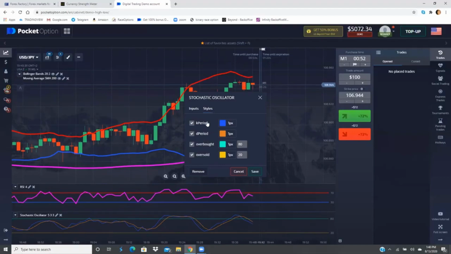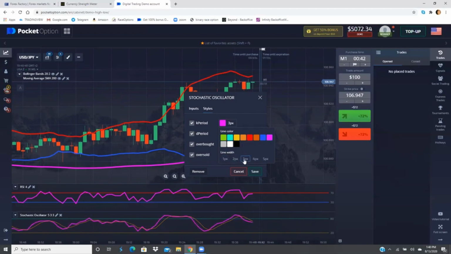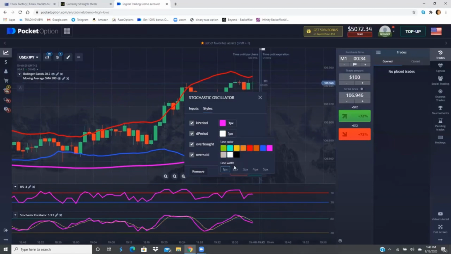You want to know what color your K period is, and make it a little bit bright and maybe a little thicker. I'm going to make mine pink and move it up to 3 to make it thick. My D period, I'm going to make white and keep it thin at 1.